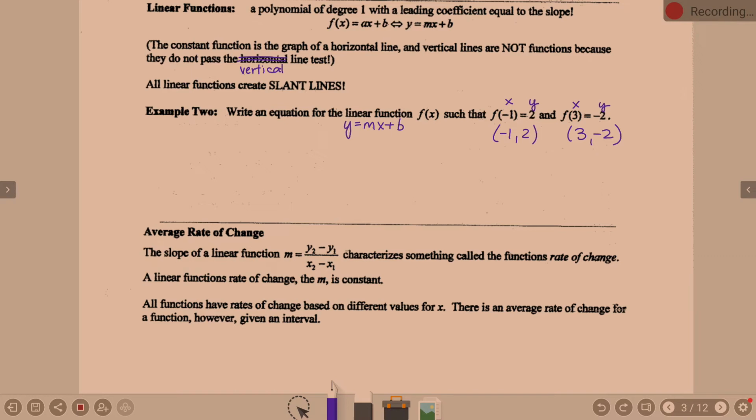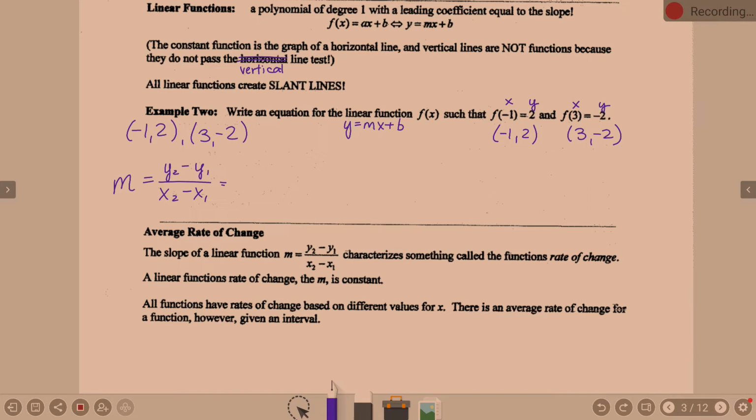Okay, so what are we going to do then? Plug in the point. Slope. Okay, so if we're using -1, 2 and 3, -2, how do I find slope? Y2 minus Y1 over X2 minus X1.